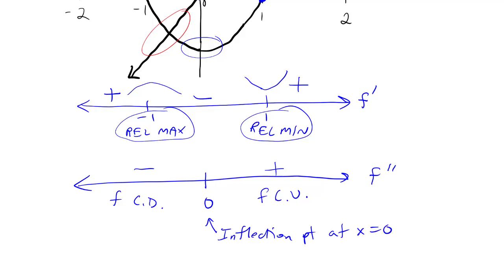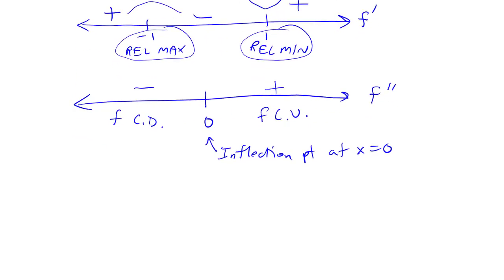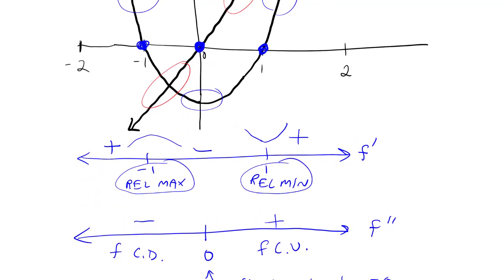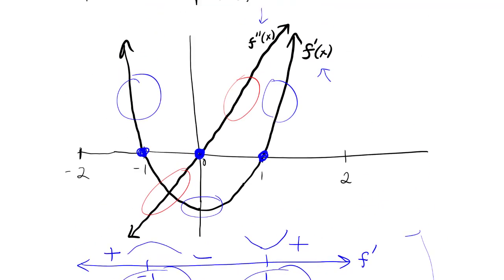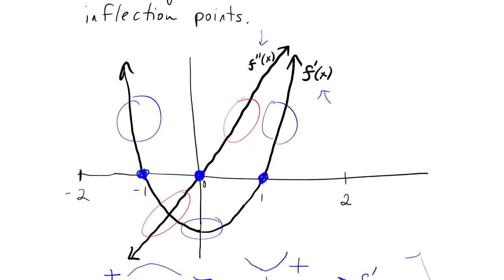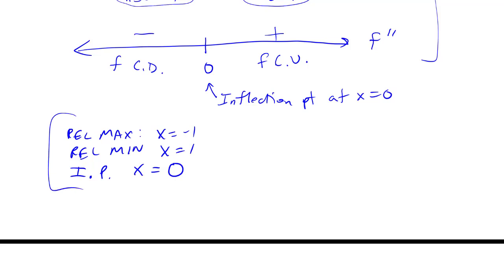Interestingly enough, we can't get any y values here, but we can conclude that we had a relative max where x is -1, a relative min where x is 1, and an inflection point where x is 0. We were able to do that without the original function because we were able to analyze these derivative charts based on the location of zeros and the positive or negative nature of each one of these functions. Okay, so there you go.